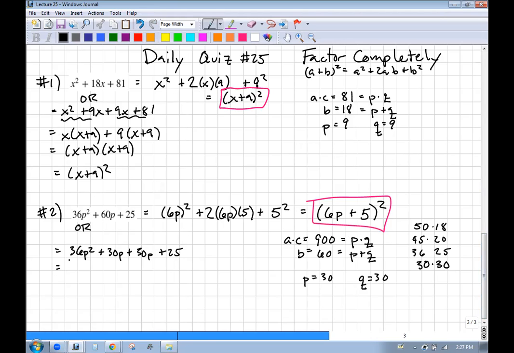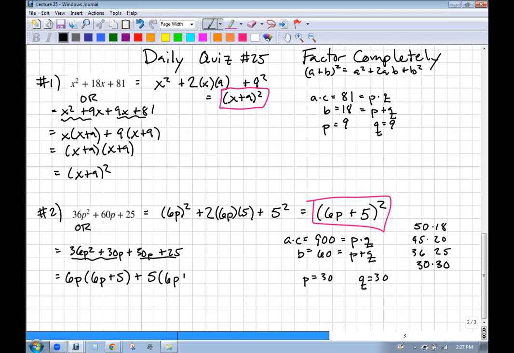And then we can group. So out of the first two terms, I can pull out a 6p. I still need a 6p. That gives me the 36p squared, and then a 5. That gives me the 30p. And over here, I could pull out a 5.